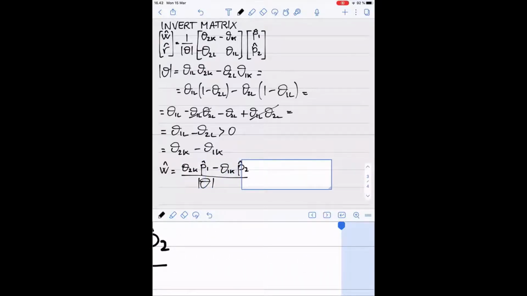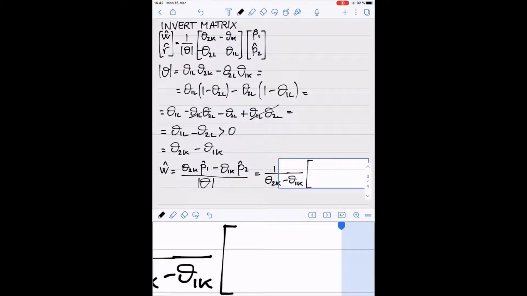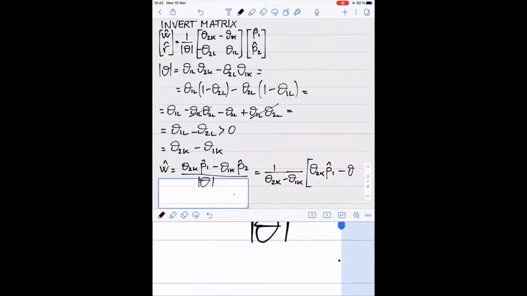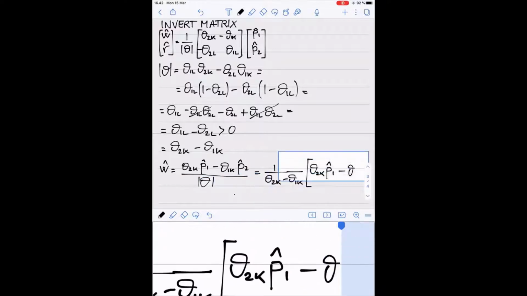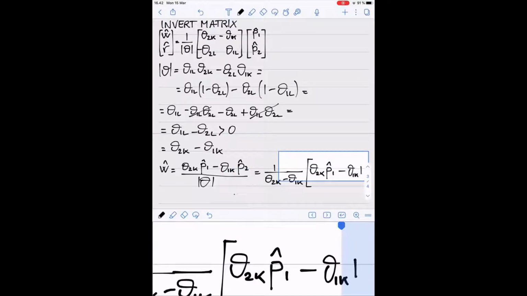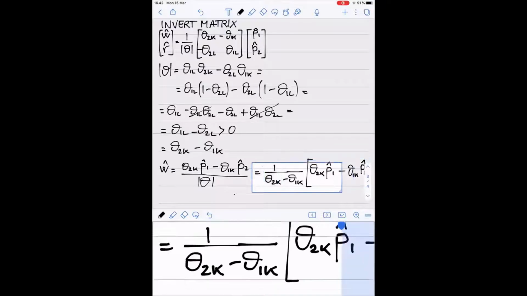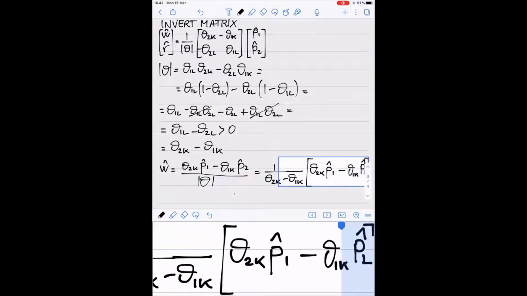In other words, let's write this as 1 over theta 2K minus theta 1K, which multiplies theta 2K P hat 1 minus theta 1K P hat 2.